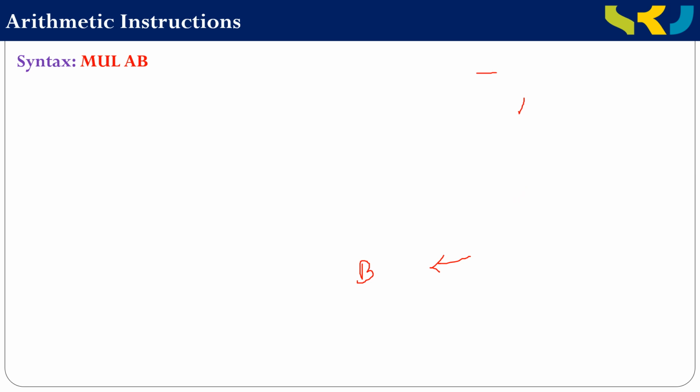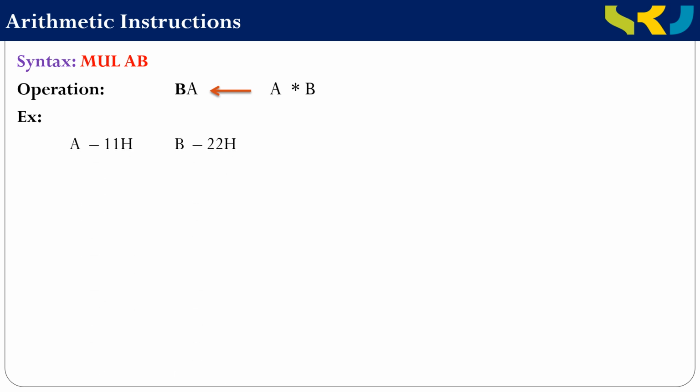Now we need to move on to division. Before division, first we can see the operation once more. Here A and B are multiplied, the result is saved in B and A register, and let us consider one example here. Before execution, A is having 11, B is having 22. After execution, the B and A registers hold the product.